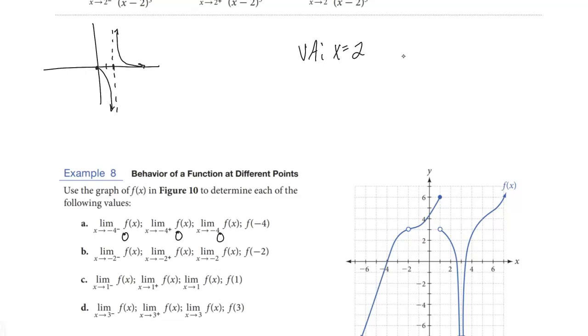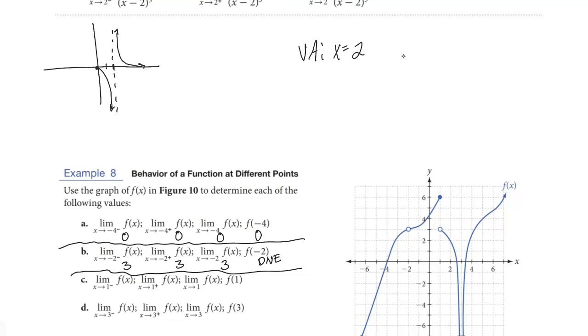And f of negative 4 is going to be 0. Negative 2, we have a hole. From the left, that limit would be 3. From the right, that limit would be 3. So the limit at negative 2 would be 3, but there's a hole at negative 2, so that function is actually not defined there at negative 2.